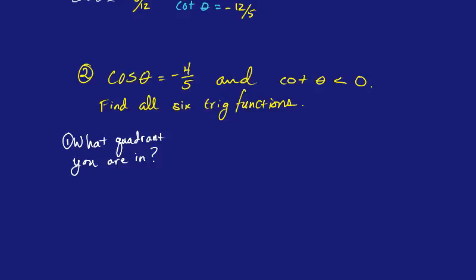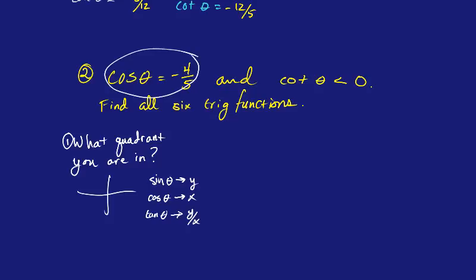The best way to do this is to draw a coordinate plane and remember that the sine of theta is related to the y values. So if the y values are positive, then the sine is positive, and if they're negative, then the sine is negative. Cosine of theta is related to the x, and tangent of theta is related to y over x.